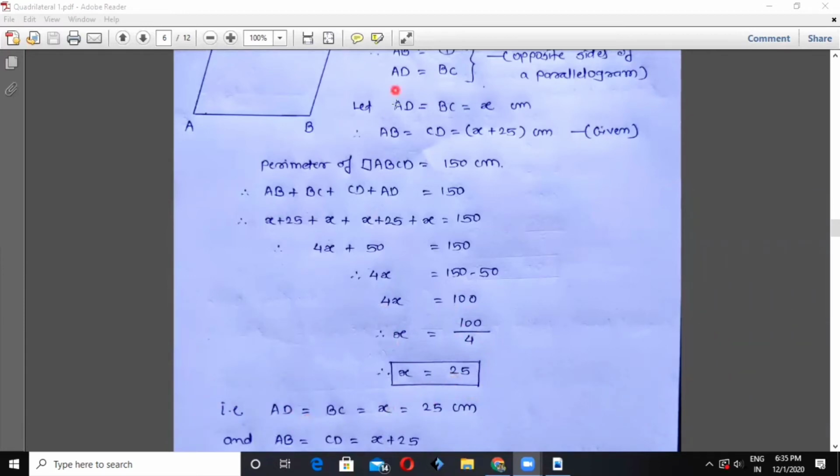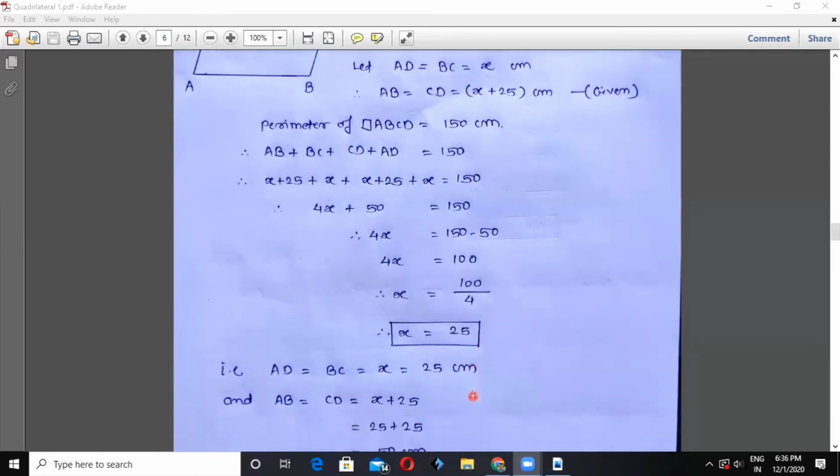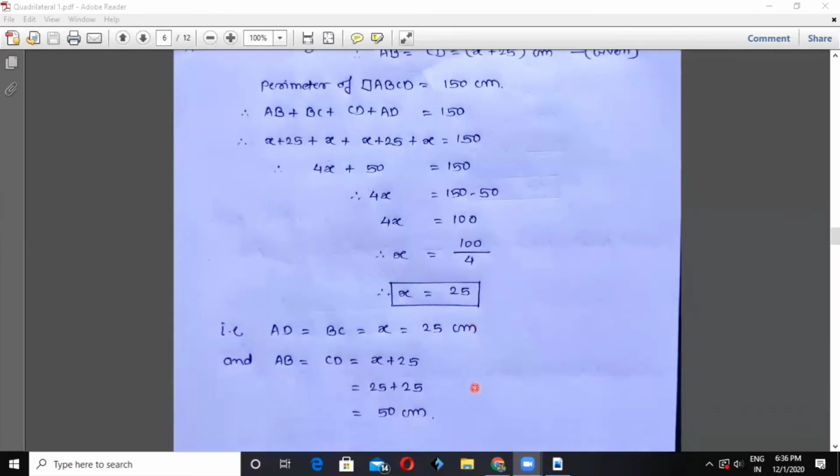That is, the length of AD is equal to BC is equal to x centimeter. That means AD is equal to BC is equal to x, that is equal to 25 centimeter. So the length of the pair of opposite sides, that is AD and BC, is 25 centimeter. Now there is another pair of opposite sides, that's AB and CD, which we have considered to be x plus 25.